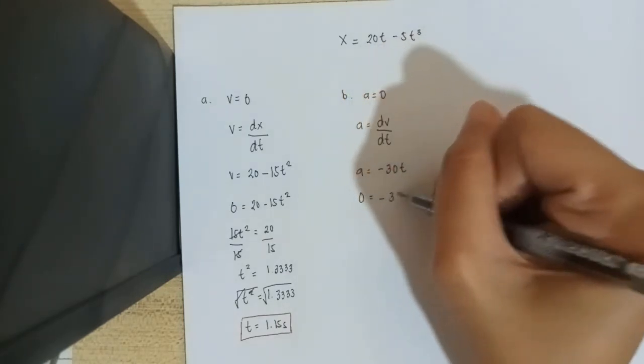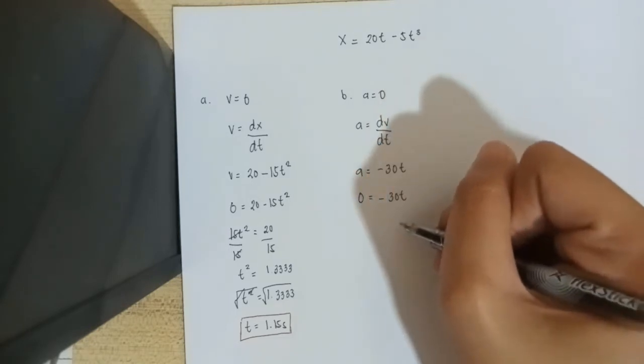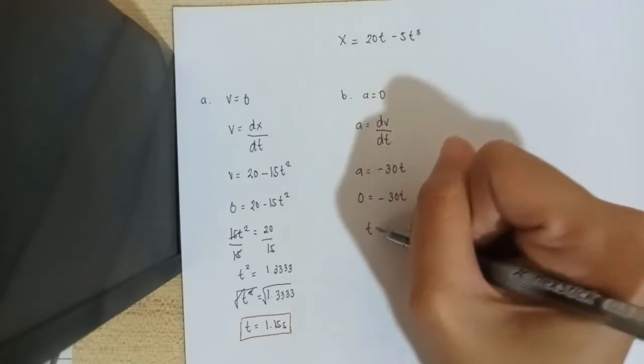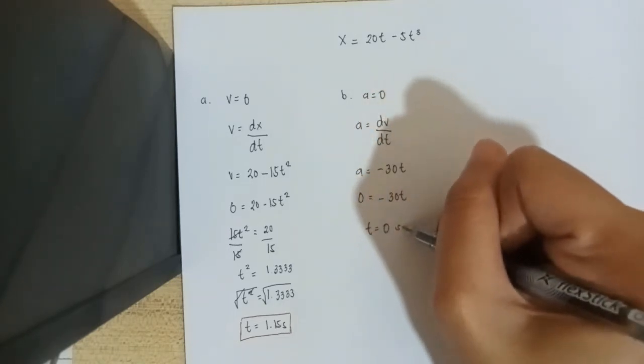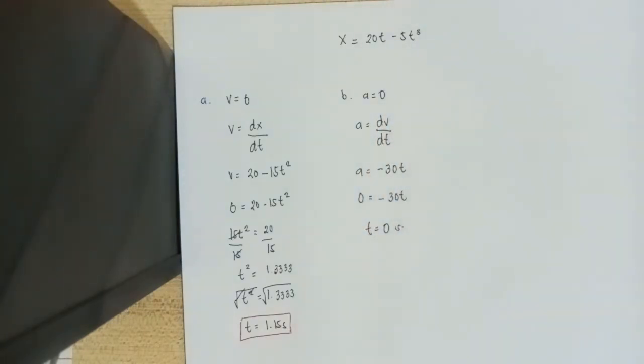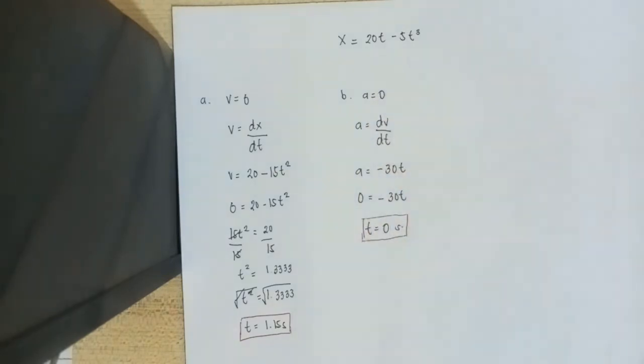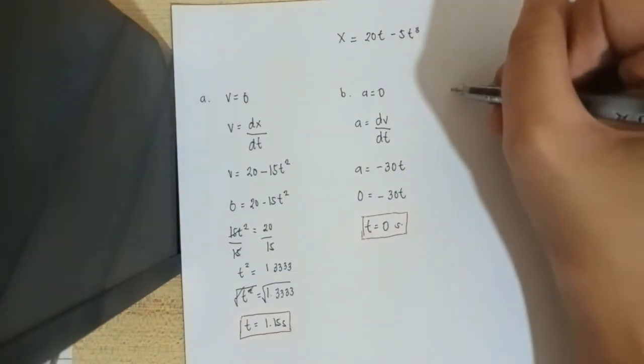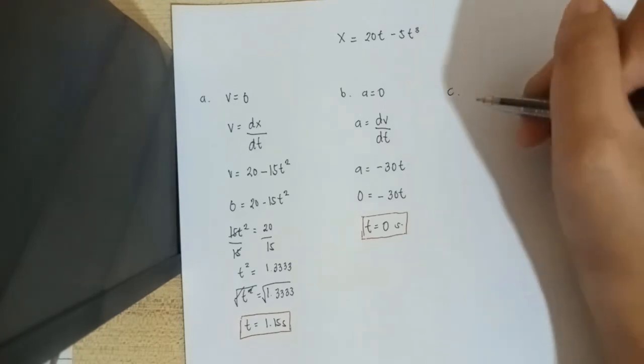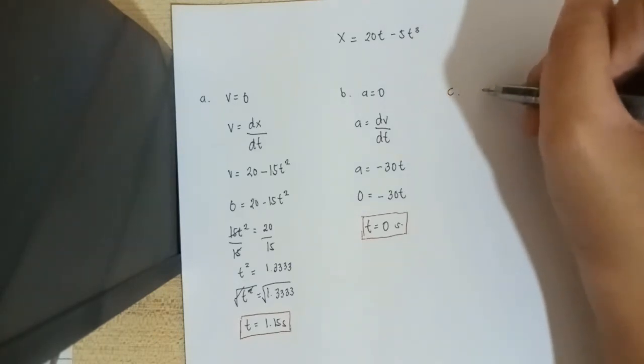When differentiated, that will be negative 30t since the constant will be 0. So a is equal to 0, so 0 is equal to negative 30t. So solving for t will be 0 seconds. That will be the time that the acceleration will be 0.